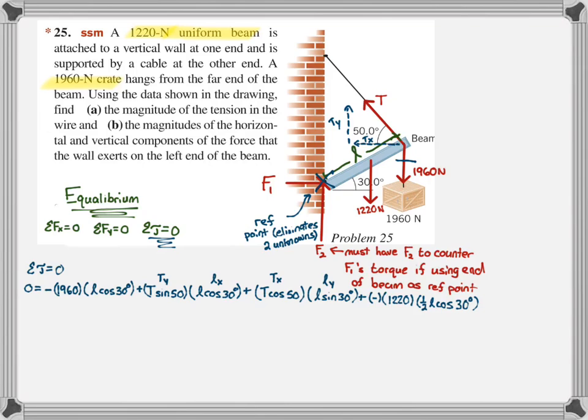Plus, we have to account for the 1,220 caused by gravity, and it's a uniform beam, so gravity acts exactly in the middle of the beam, halfway across the X direction. And then we have our equation there. We can clean it up because there's an L in each part, so we divide everything by L, and we get something nicer.